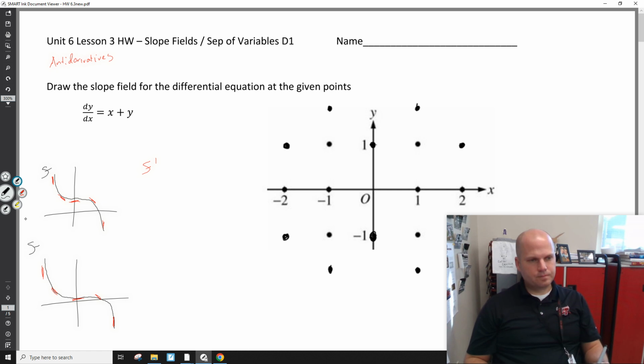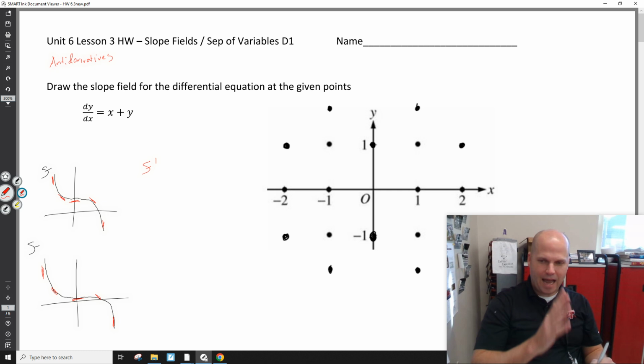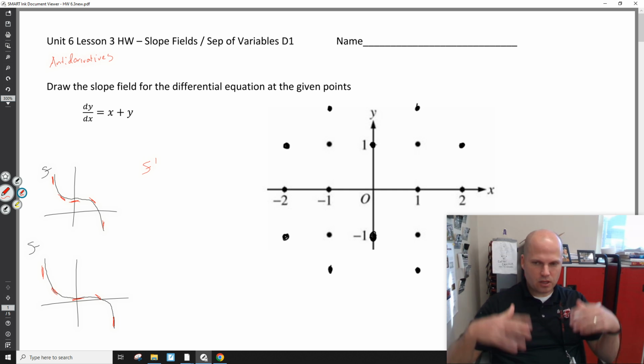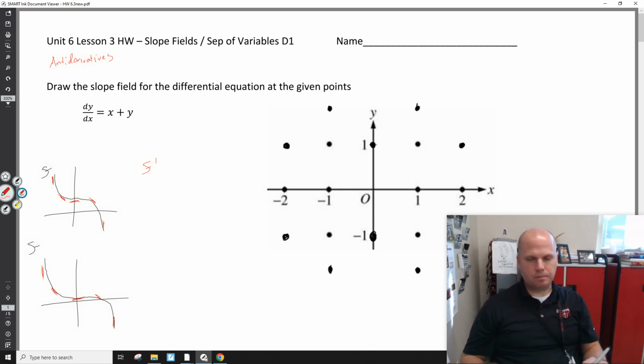Now the problem with slope fields is that you're not exactly sure where the graph passes through. The whole idea of having a plus c, meaning you could be shifting things up or down. Which is why we're not going to just see one set of slopes in specific locations.